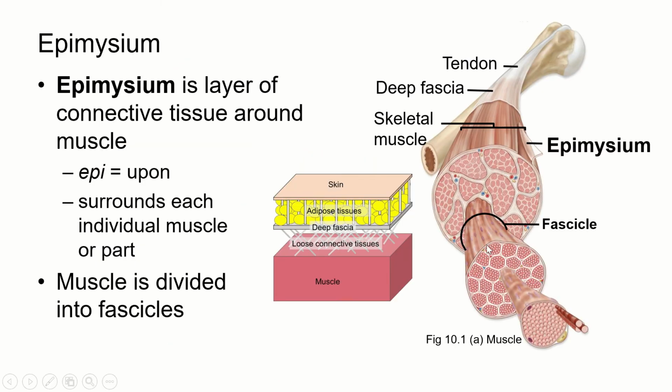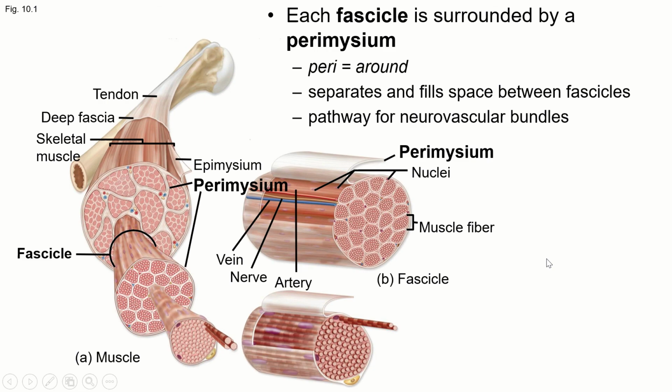And then the muscle is divided into groups called fascicles. And we've seen this term before. We had fasciculi in the brain. You remember those were groups of axons going in the same direction. Fascicles are groups of muscle cells going in the same direction and working together. Each fascicle is surrounded by a perimysium.